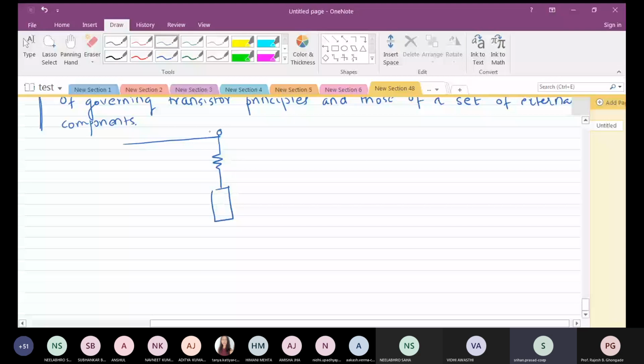So the device at this point, I will mark it like a block here, so that you will understand that this is more or less a generic biasing methodology. You will recognize this as a voltage divider bias.